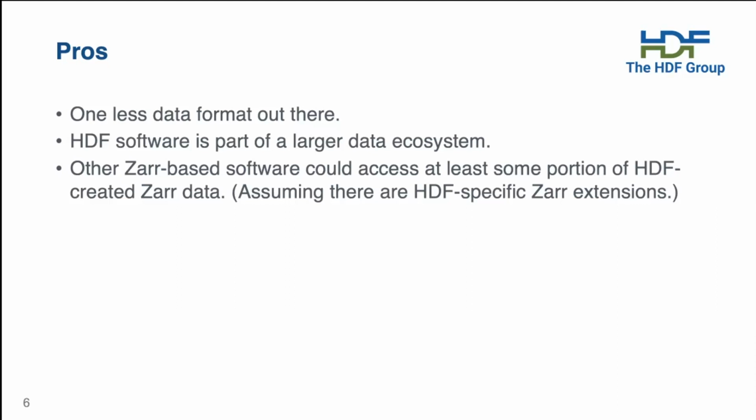The benefit will also be that Zarr is now being taken up by a number of communities and people because it's easy to understand and easy to implement. So I'd expect that the amount of Zarr-based software greatly outnumbers the amount of HDF-based software. That software may be able to benefit from Zarr data created by HDF software in a way that may not be possible right now, because the HSDS schema would be foreign to them.